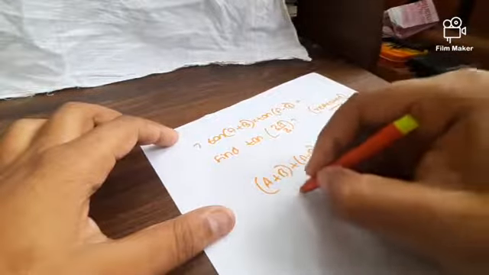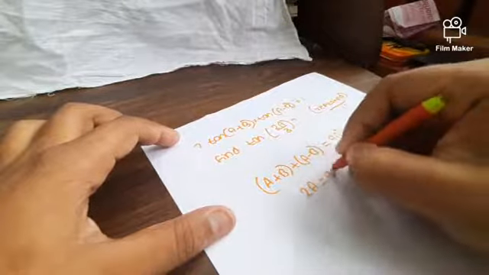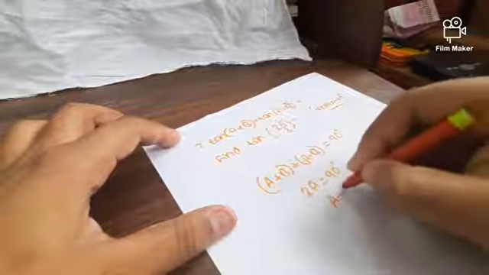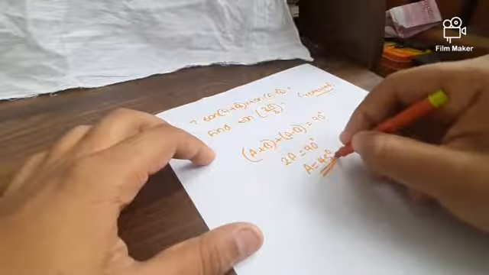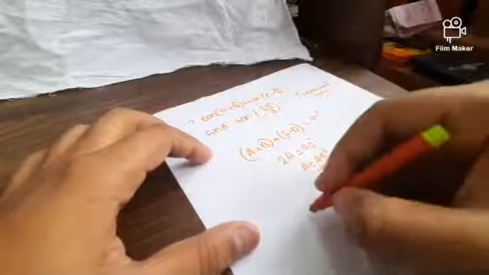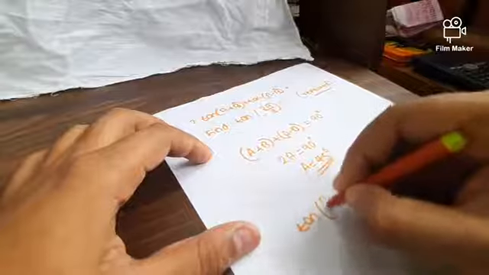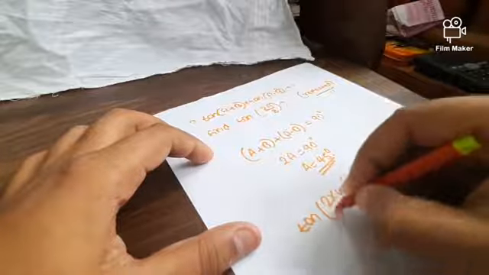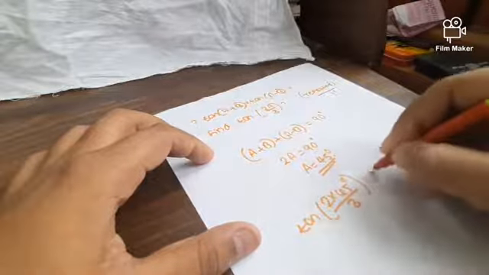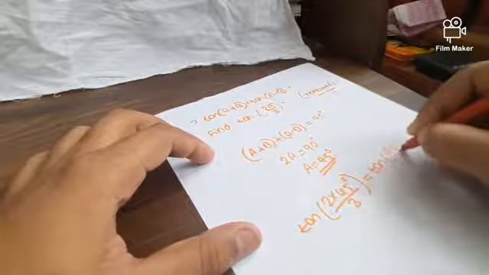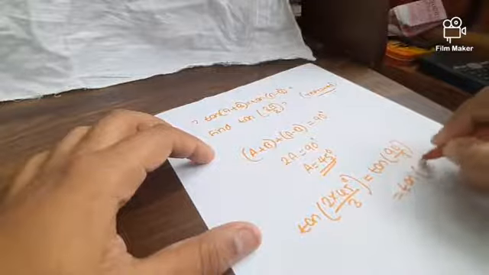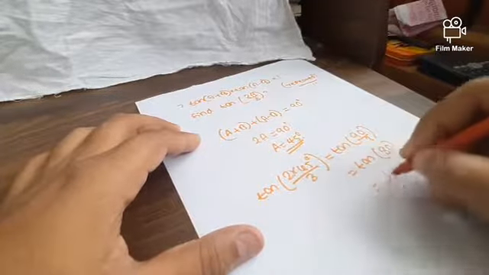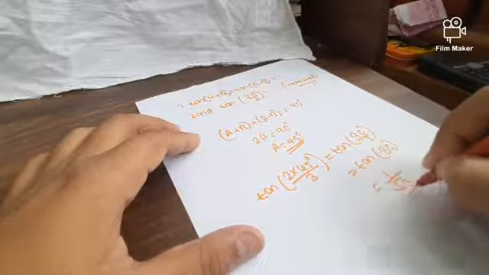That is 2a will be equal to 90 degrees and a will be equal to 45 degrees. Substitute this a into our question. Then we will get tan (2 into 45 degrees by 3). That is tan 90 by 3, that is tan 30 degrees, which we all know is 1 by root 3.